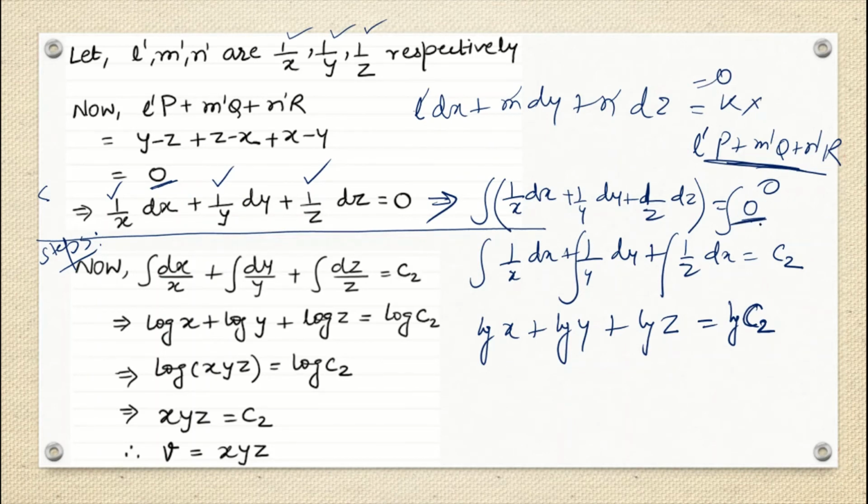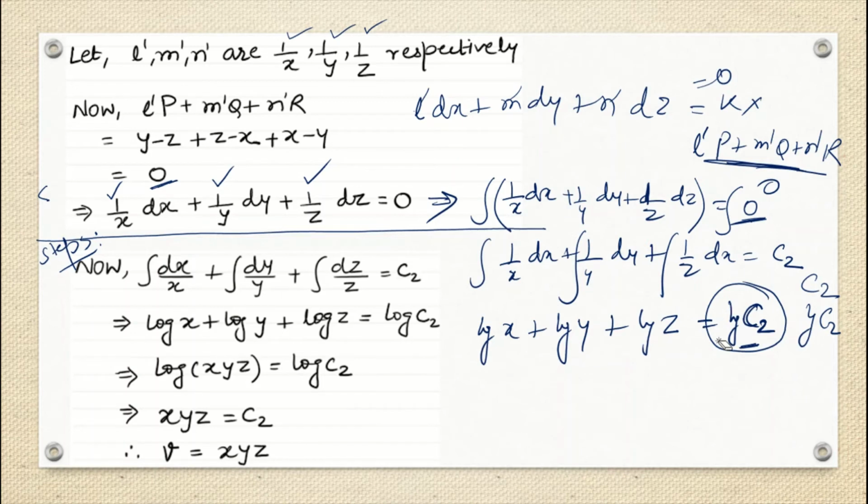The result of integration of 0 is some arbitrary constant. That arbitrary constant can be C2, log C2, C2 square, C3, C4, anything. The nature is that it should be some arbitrary constant. So log of C2 will also be some constant only. So I can write here log C2.